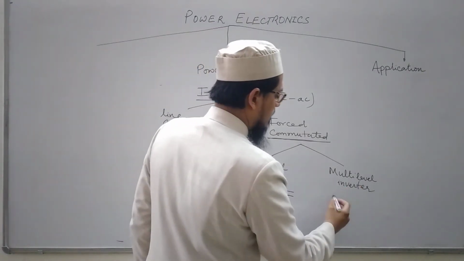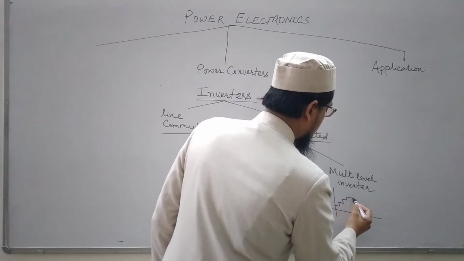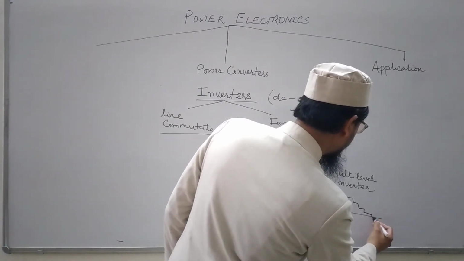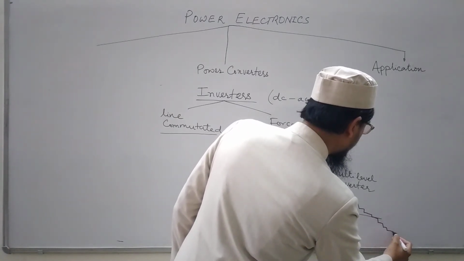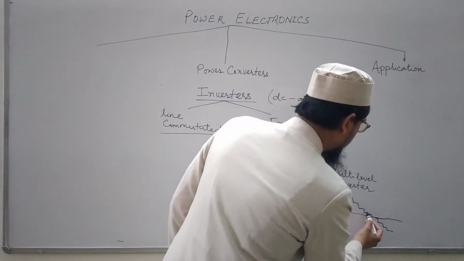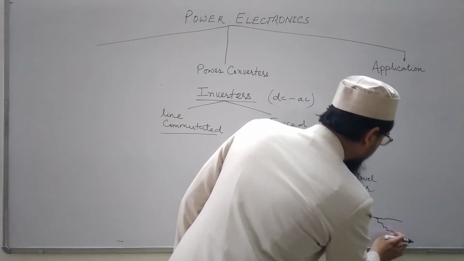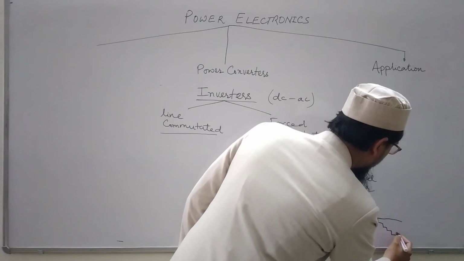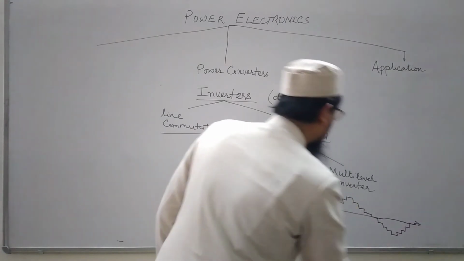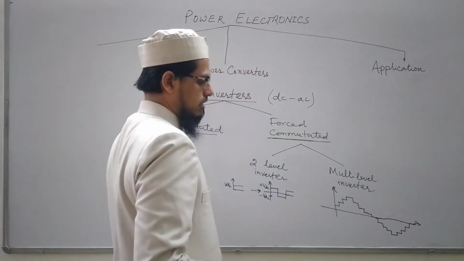While a multi-level inverter has got various levels. So these are the various levels: 1, 2, 3, and one more will be there, like this. So this is your multi-level inverter output.